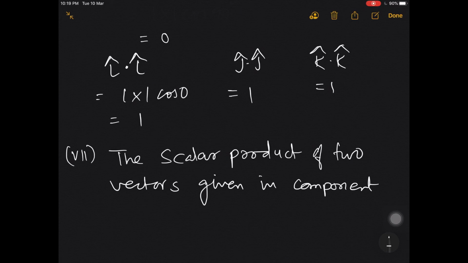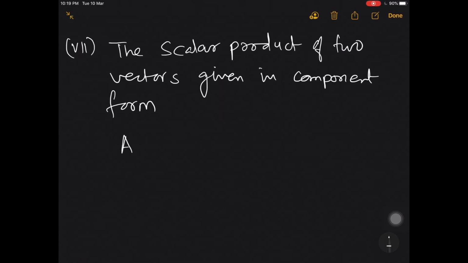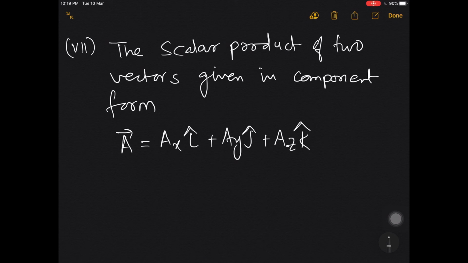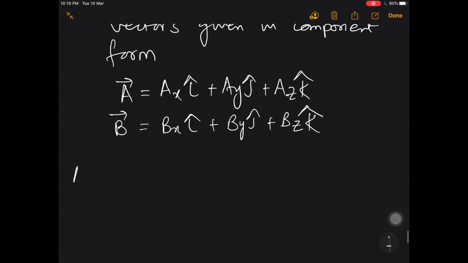What if two vectors are given in component form and you have been asked to calculate their scalar product? Suppose I have a vector a which is ax i plus ay j plus az k, and say you have another vector b which is bx i plus by j plus bz k, and you have to calculate a dot b.